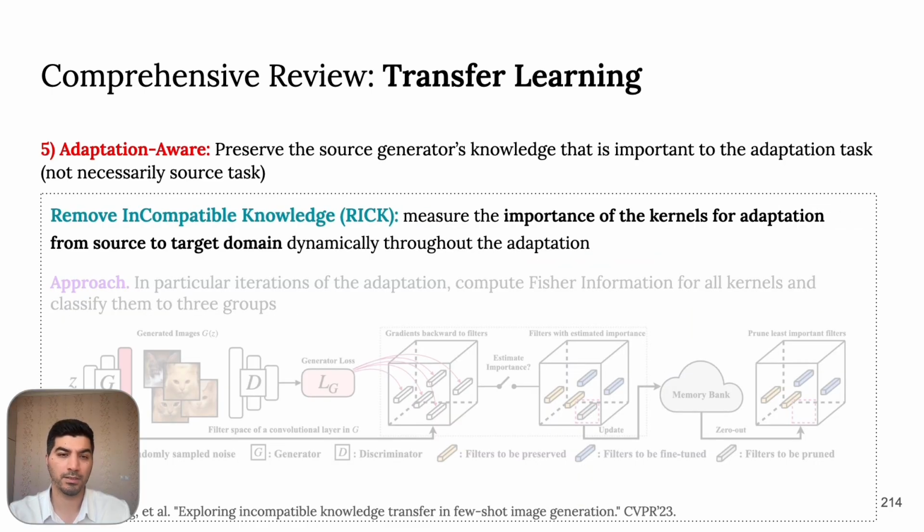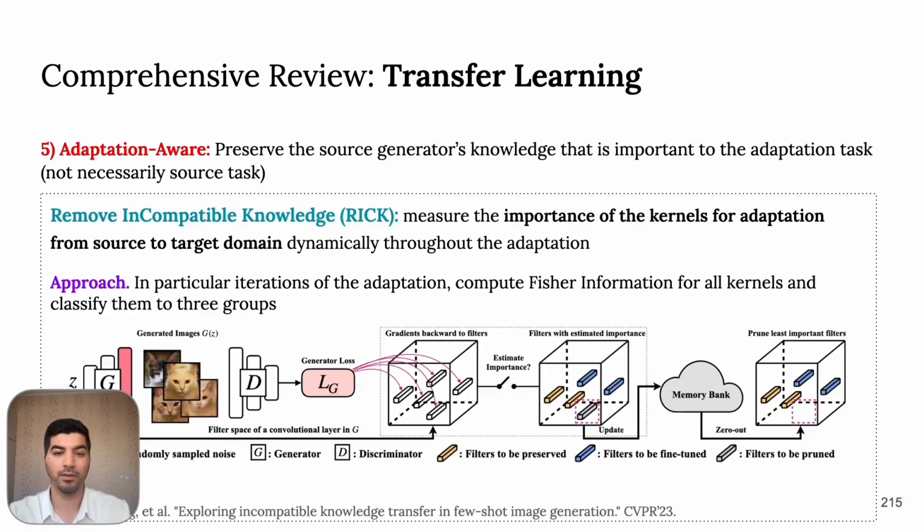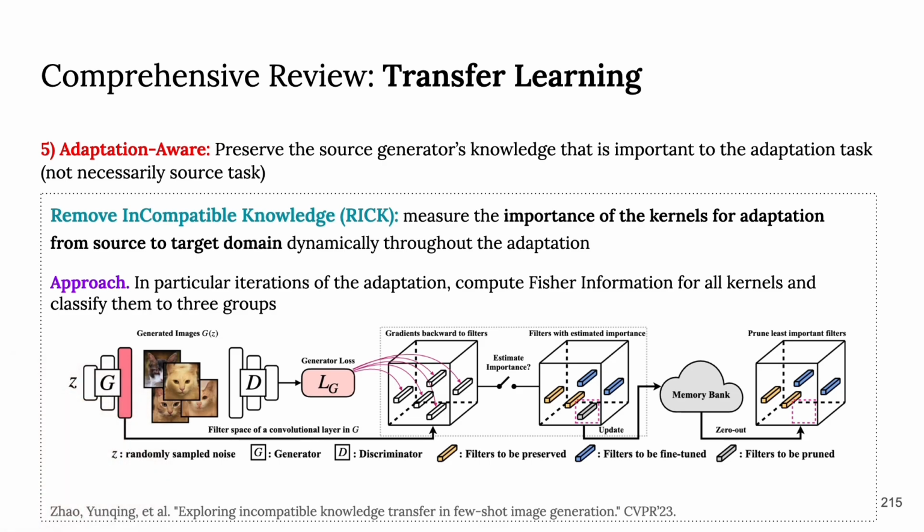Another work is remove incompatible knowledge, or RIC. This is also from our group, a CVPR 2023 work. Here we measure the importance of the kernels for adaptation from source to target domain in a dynamic manner. What happens is that during adaptation, in particular iterations, we compute Fisher information for all kernels and classify them into three groups. The filters that need to be preserved, these are the important filters.